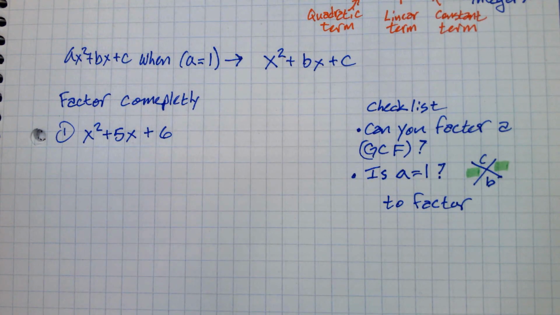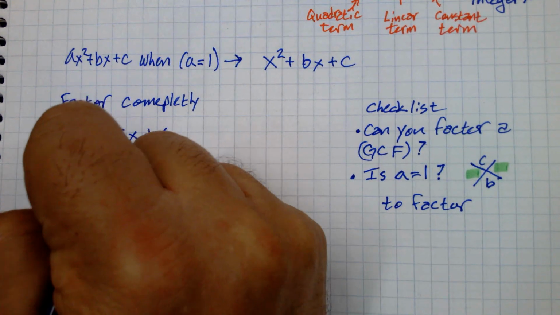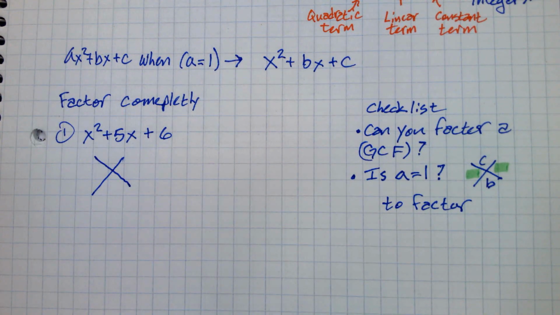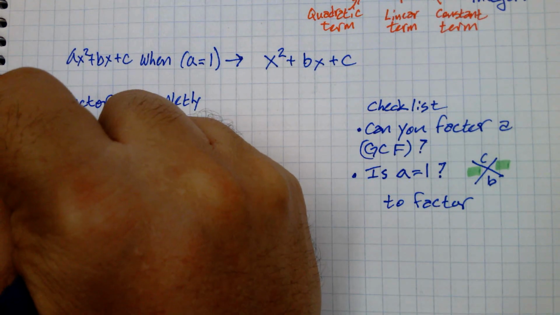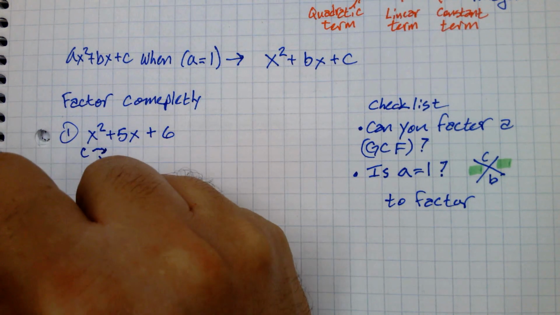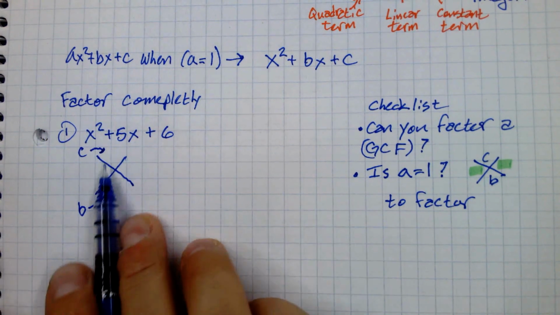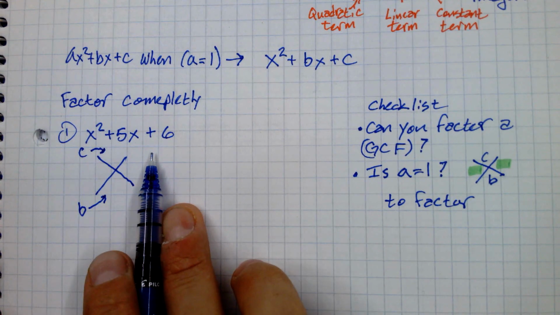So let's do that. Here's what I'd like you to do. Everyone, make a little x problem here. The number that goes here is going to be your c value. The number that goes here is going to be your b value. So what's the c number that I can put here from this quadratic? 6.